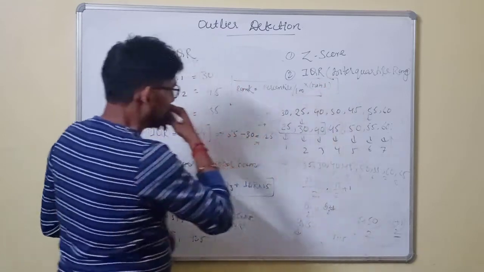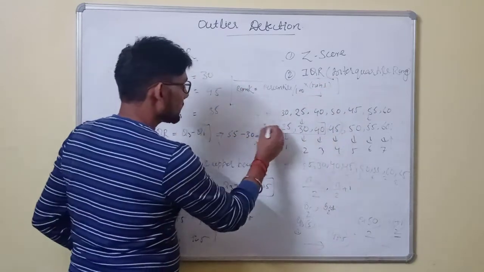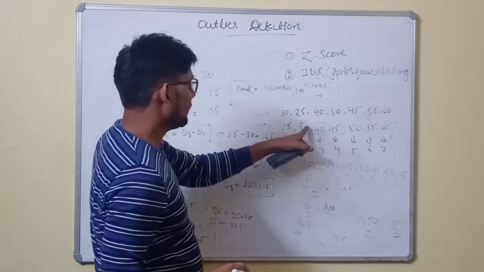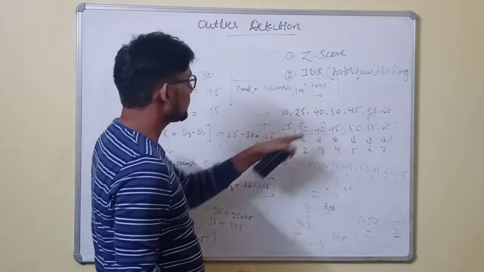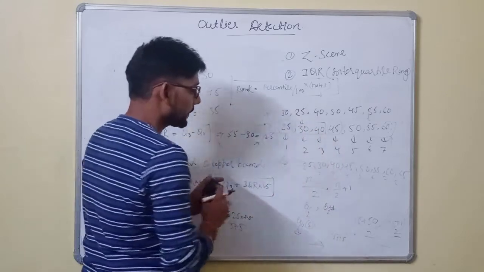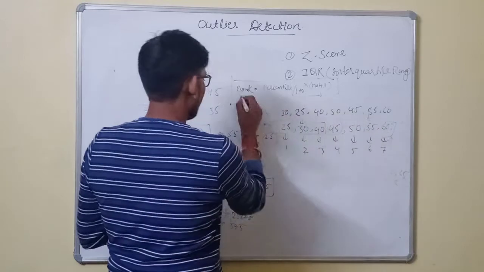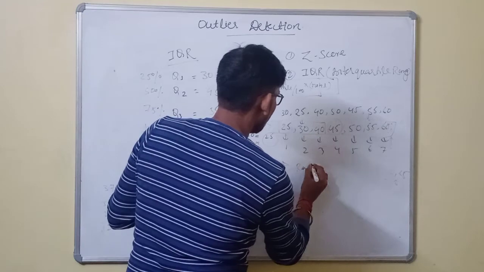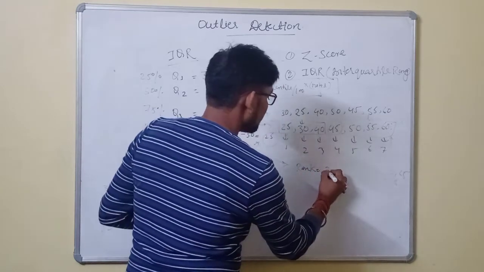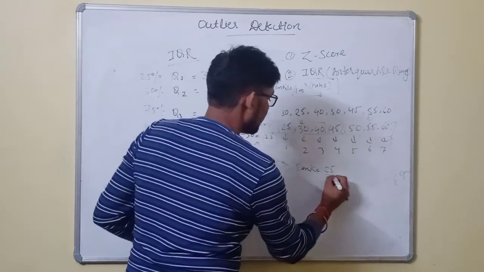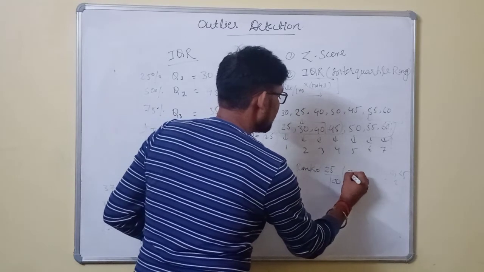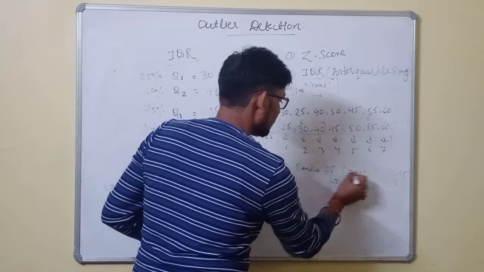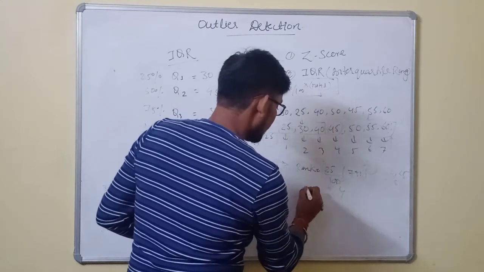So in this example, let's calculate the 25th percentile, and we should get 30 marks using this formula. Rank is equal to percentile. Let's suppose I require the 25th percentile. So 25 divided by 100 into 7 plus 1 is 8, which gives 2. So the rank is equal to 2.